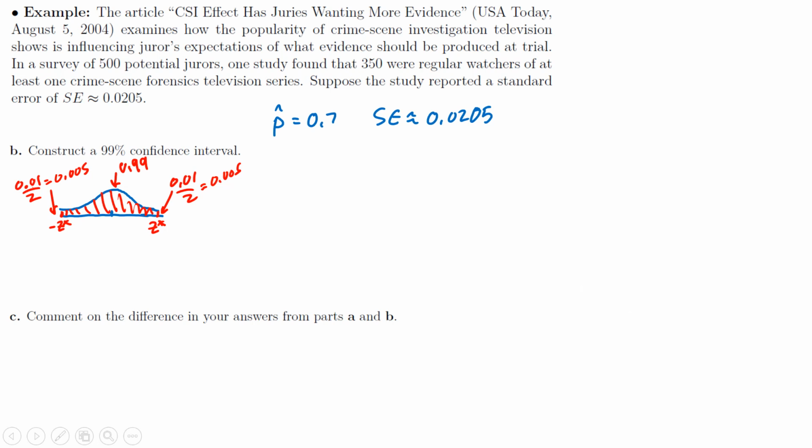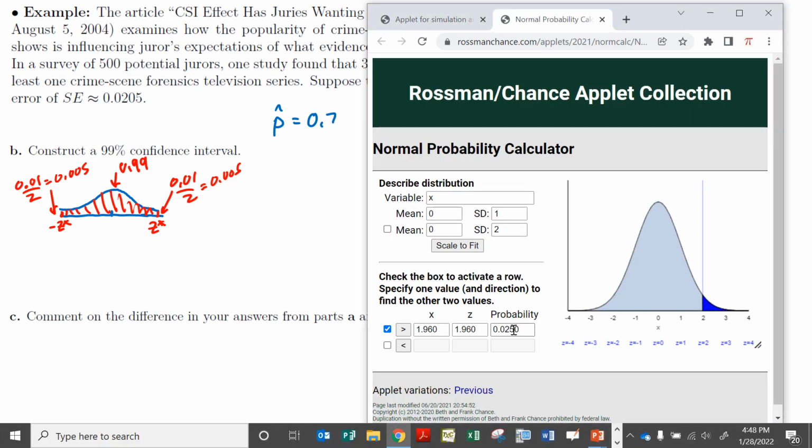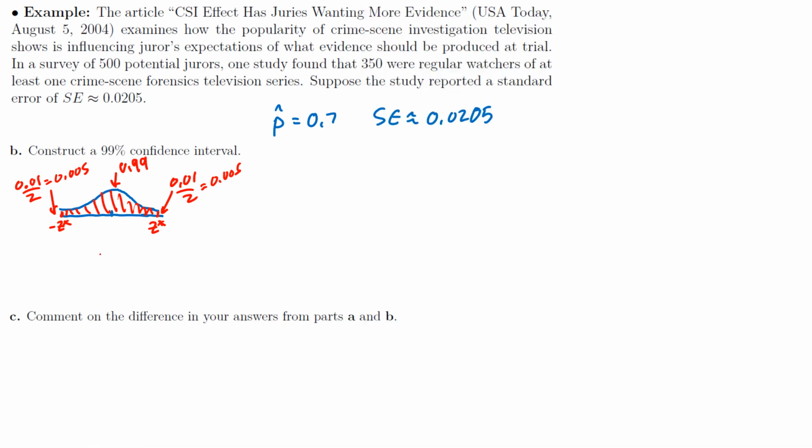So in my calculator, I'm typing in 0.005, which gives me 2.576. So that's my new Z star. Now, everything else remains the same for my computation, right?